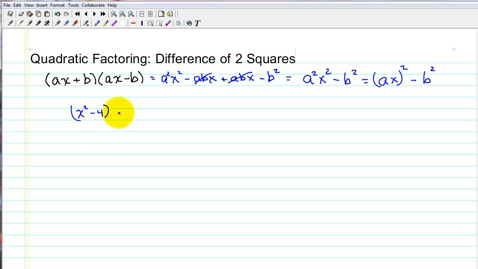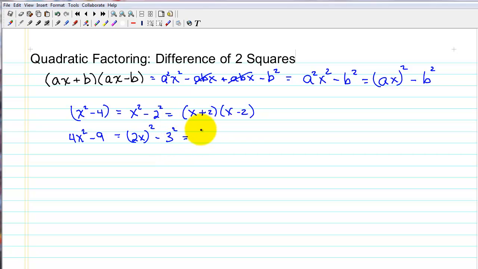Now I'm going to take a step here and show this. So this is x squared minus 2 squared. So that's our pattern here. Using our pattern, this is going to factor into x plus 2 times x minus 2. If we looked at, say, 4x squared minus 9, that's going to be 2x squared minus 3 squared.